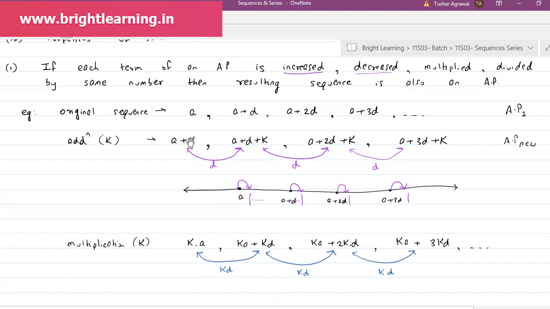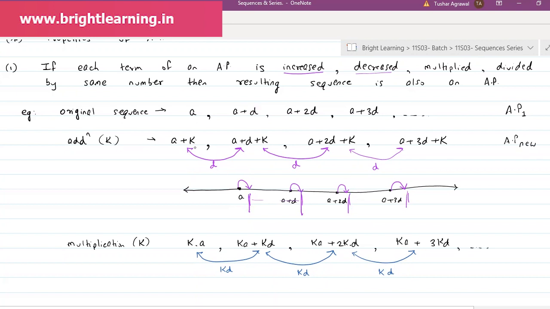Now if you add K, and suppose K is a positive number, each term shifts to the right by the distance K. The second term A plus D will also shift to the right by K, the third term will also shift right by K, the fourth will also shift right by K, and so on. So the new places will still be equidistant, and that new distance will be the same as the original distance D.